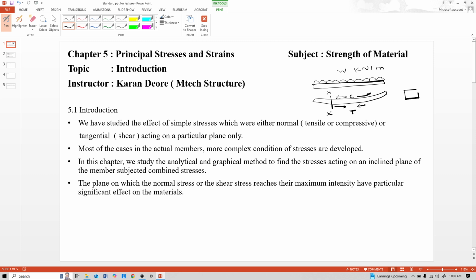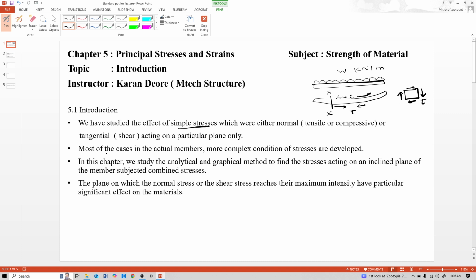It is a square section, and this square section also develops shear stress, and it is tangential to that square cross section. So these are simple stresses: compressive, tensile and shear stresses. Shear stress is denoted as tau. So these stresses we had studied.